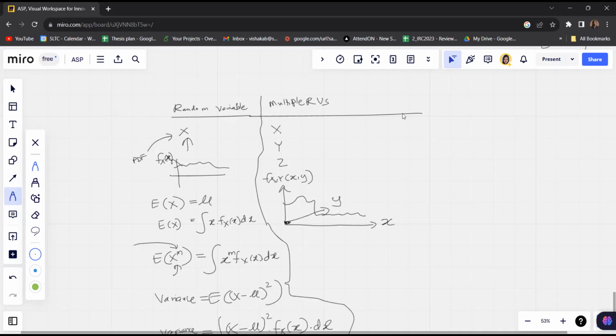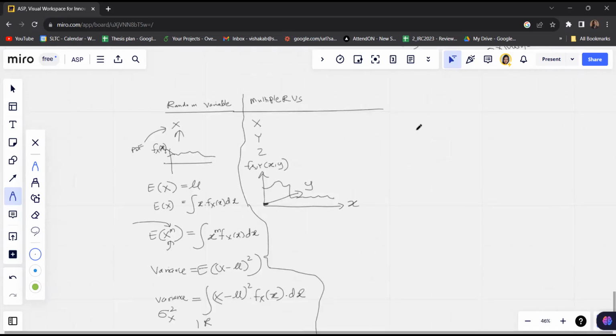In that case, now the probability will vary based on both the x and y's behavior. So in that also, we use the expectation operation to find the behavior of the x and y variables.